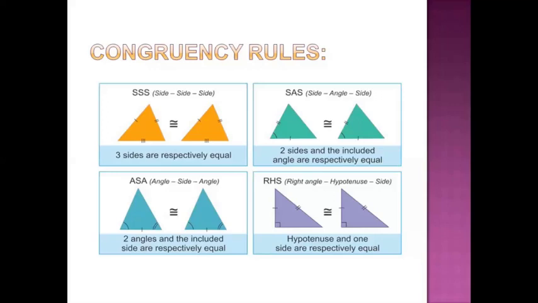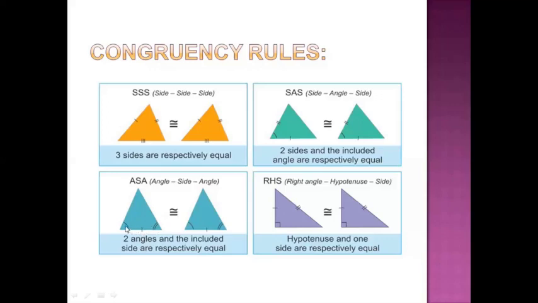The third rule is ASA, which means angle, side, angle. Now here we have two triangles, and two angles are given and one side.